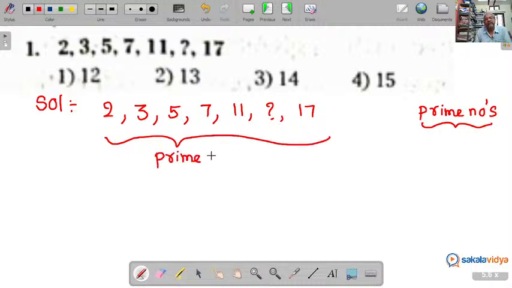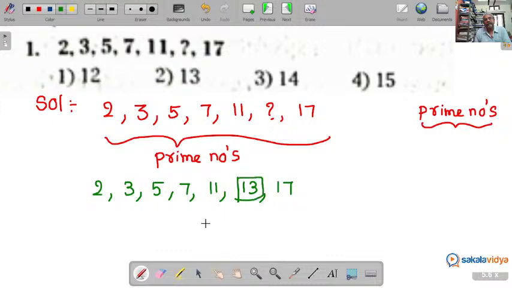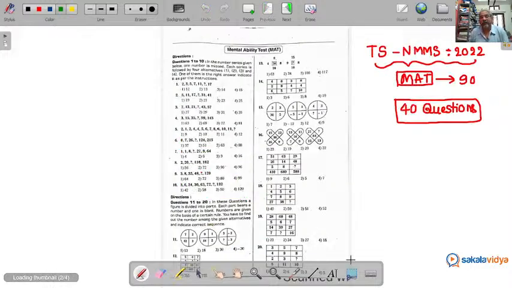The prime numbers are 2, 3, 5, 7, 11, 13, 17 and so on. The missing number is 13, so question mark is equal to 13. Our answer is the second option. I hope you have understood this question. Let us move to the second question.